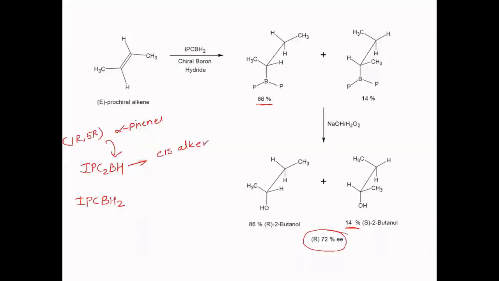So if you want to reduce a cis alkene and convert it into alcohols, with one major product and one minor product, then definitely use IPC twice BH as the reagent. But suppose you want to do it for the trans alkene, then specifically use IPC BH2, because IPC twice BH gives you higher selectivity for the cis alkene and IPC BH2 gives you higher selectivity for the trans alkene.